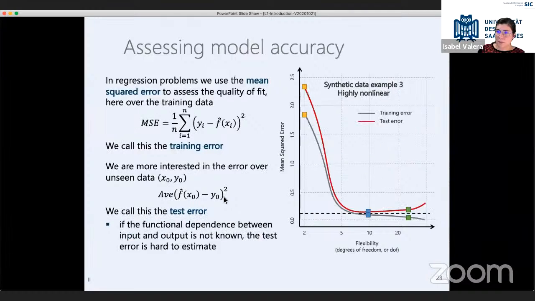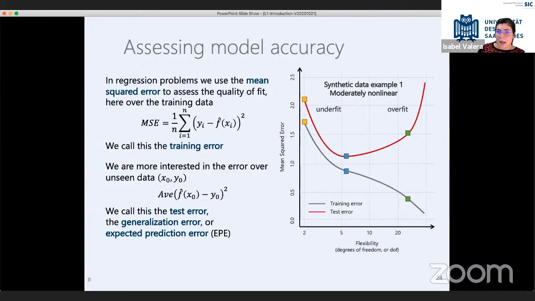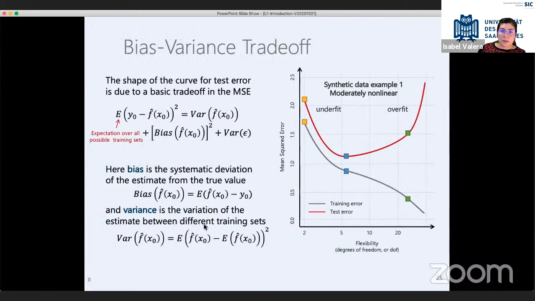So if we come back to this example, in general, the systematic deviation would be how far you are from the actual true function. While if I talk about the variance, what I mean is the variance of your estimations for different training sets.